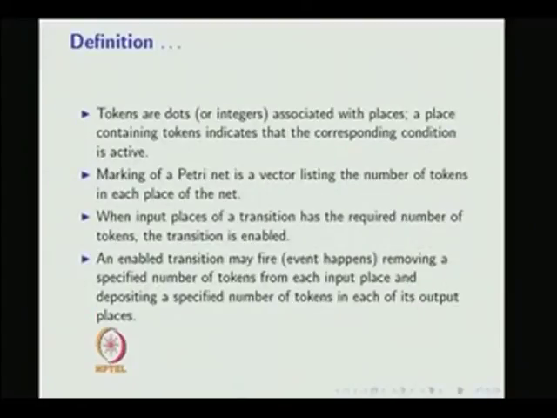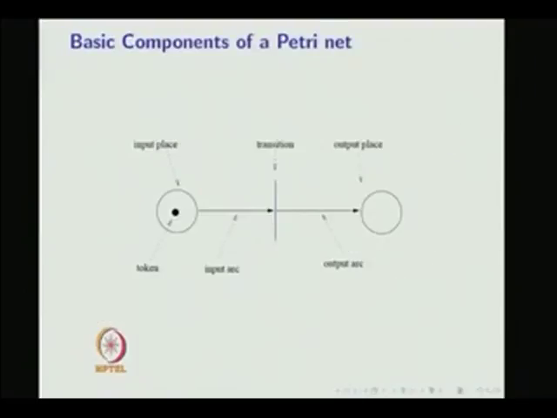The definition continues. The tokens or dots are integers associated with places. A place containing tokens indicates that the corresponding condition is active. That means in the previous diagram, the one token deposited in the input place means this transition can be activated.